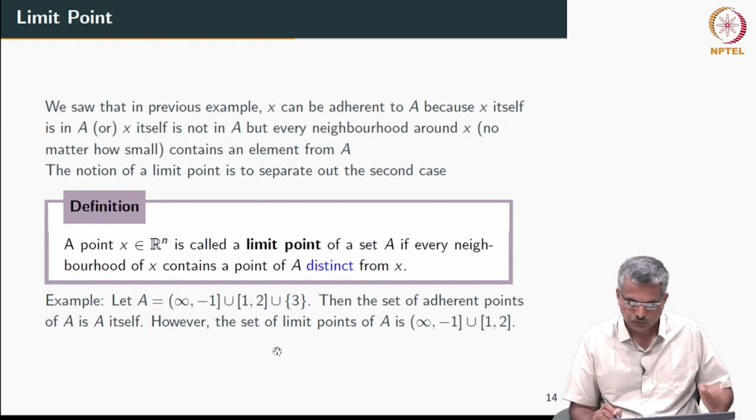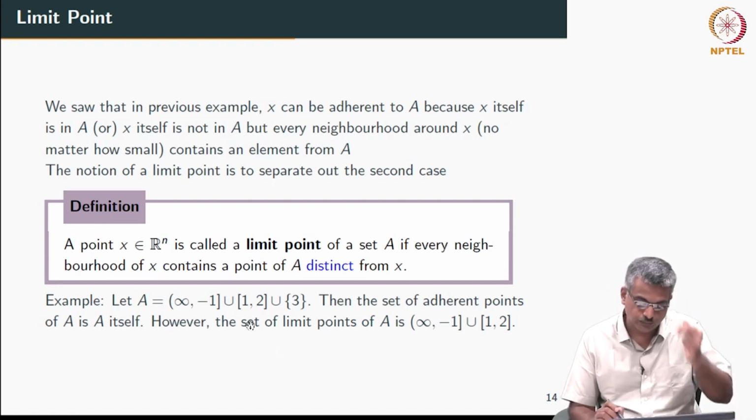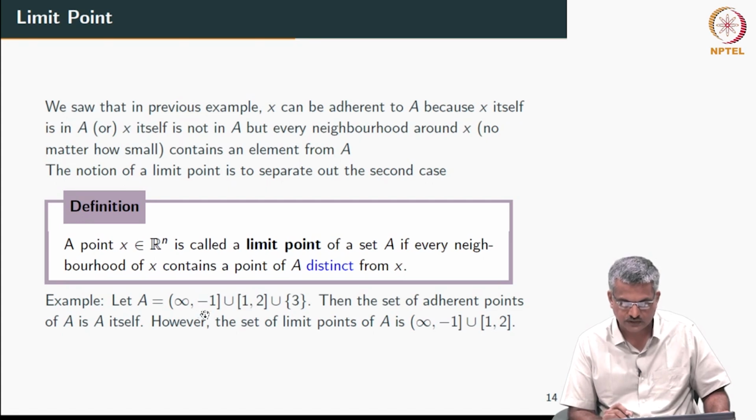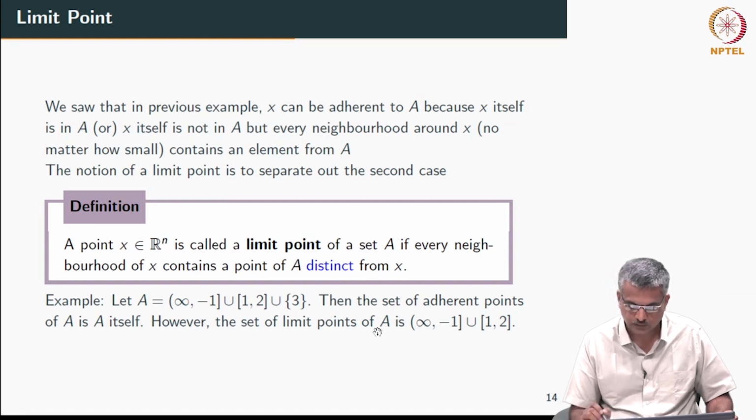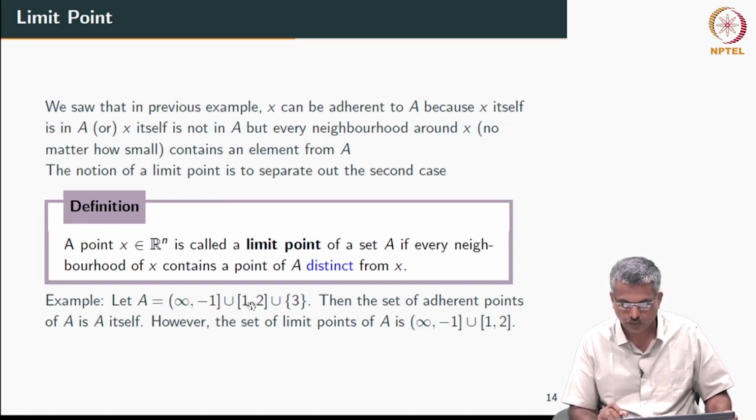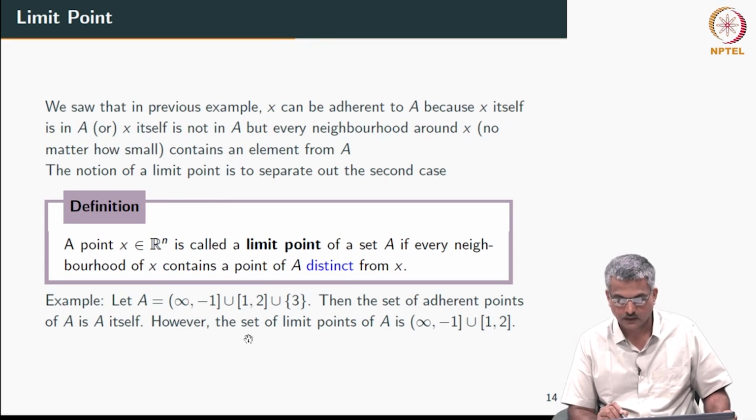If you want to find the adherent points of this, the adherent points are obviously all points from minus infinity to minus 1, all points between 1 and 2, and also the point 3 itself.